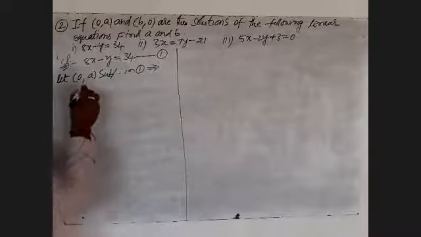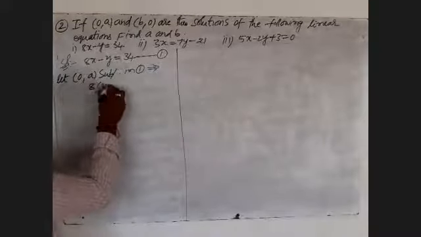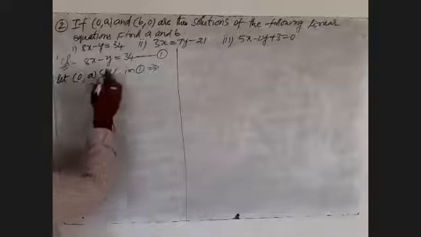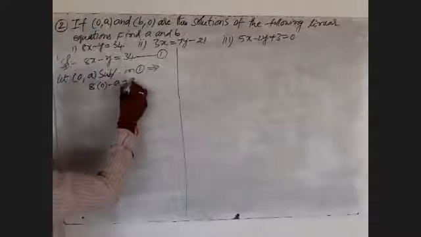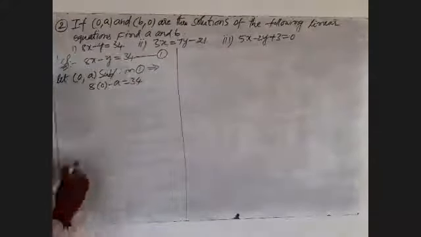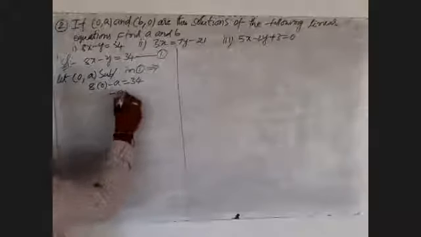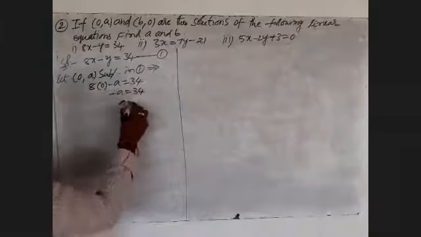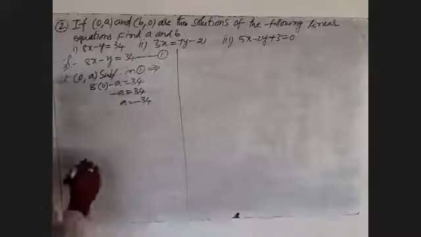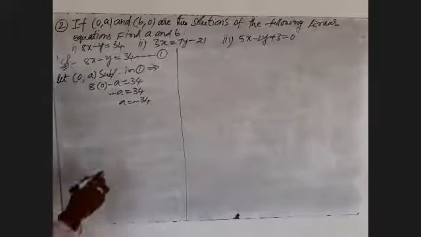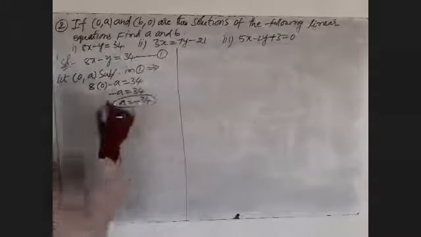We write 8 into 0 minus a is equal to 34. 8 into 0 is 0, so minus a is equal to 34, which means a is equal to minus 34. This is the value of a.